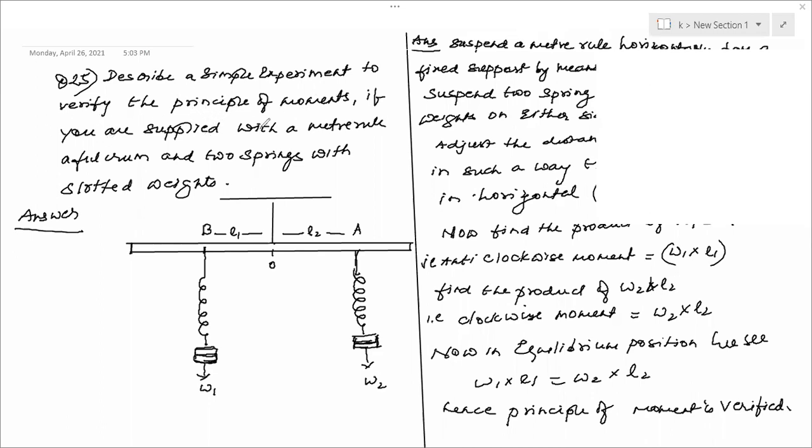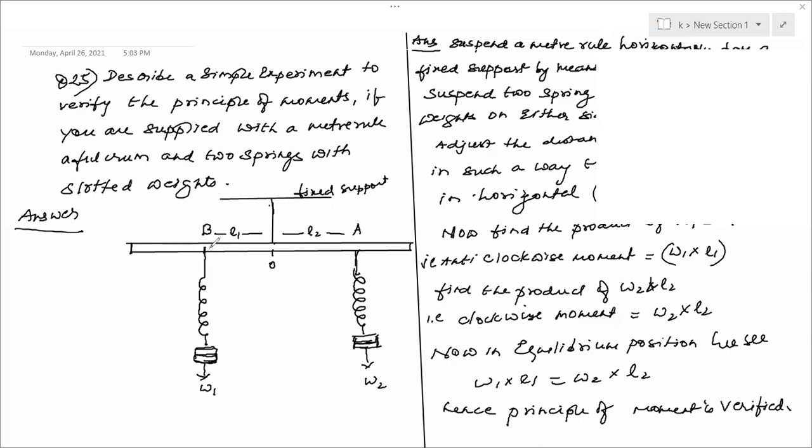Now, if you are supplied with a meter rule, a fulcrum, and two spring balances with slotted weights, what I do is suspend a meter rule horizontally from a fixed support by means of a strong thread.